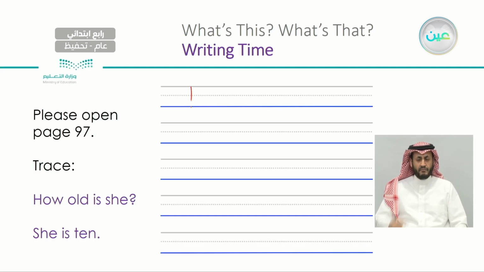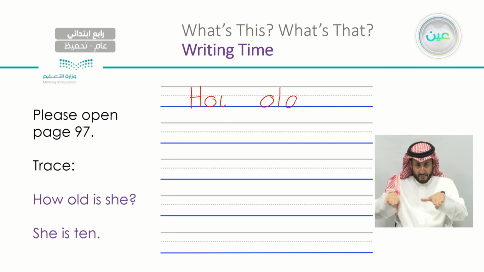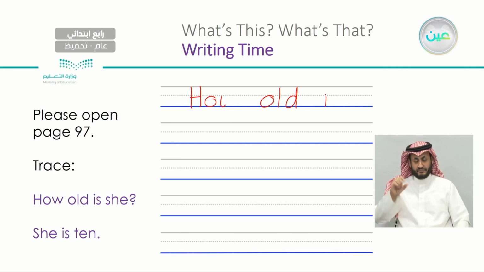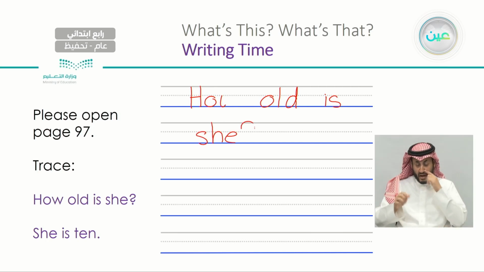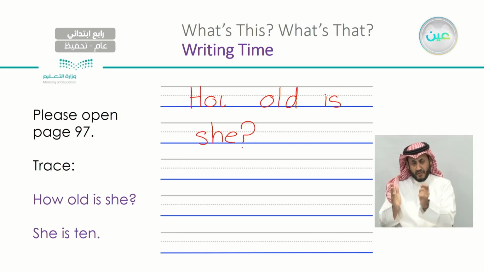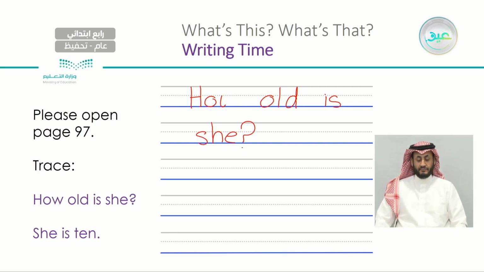How? H-O-W. How old is she? Notice that I leave space between words, okay? It's very important. Question mark. How old is she?